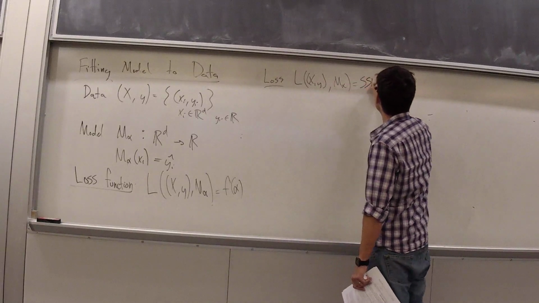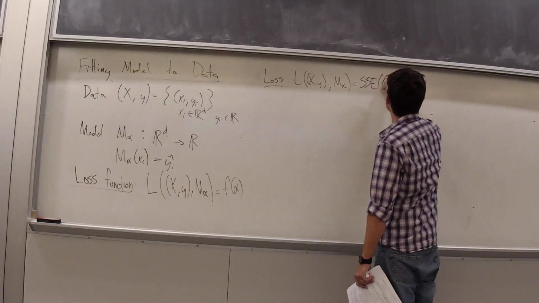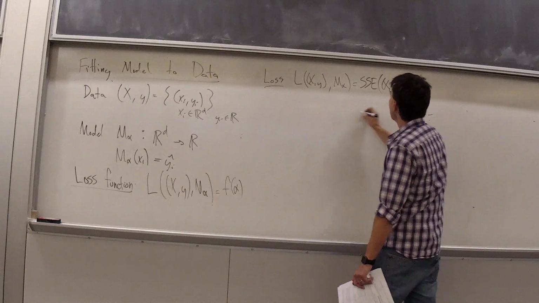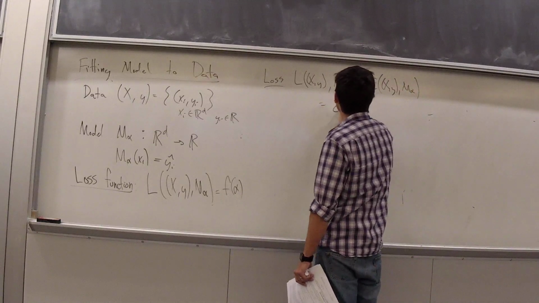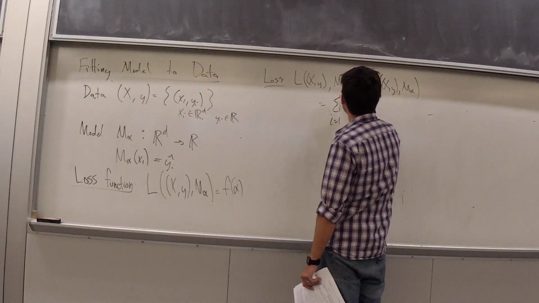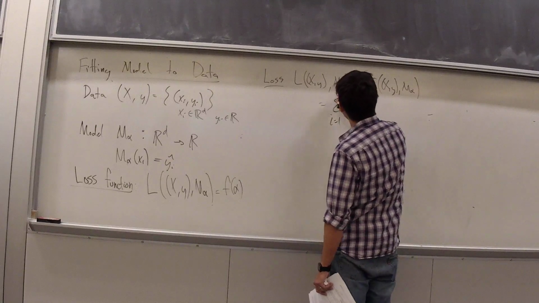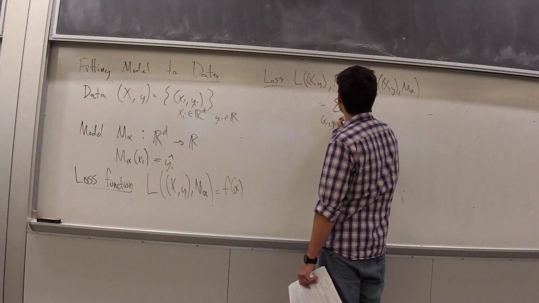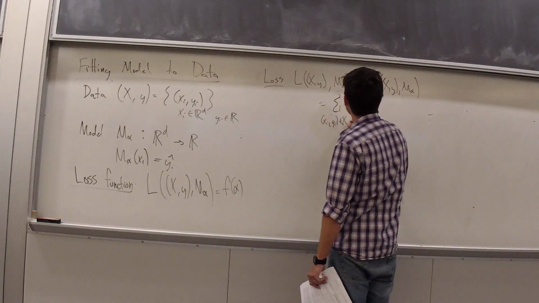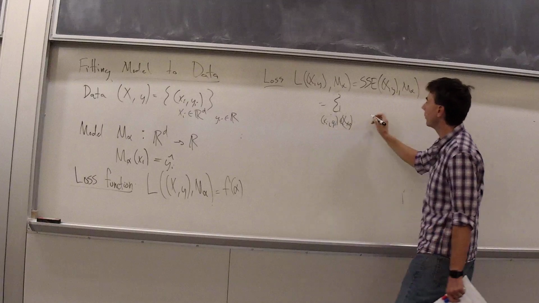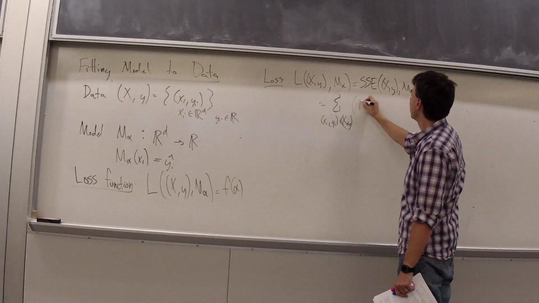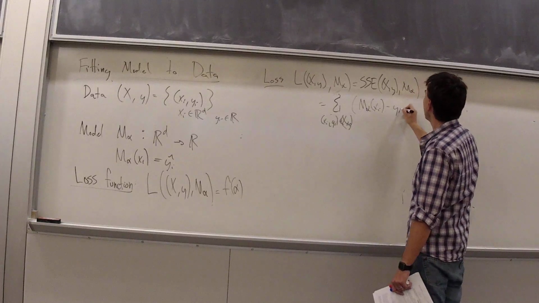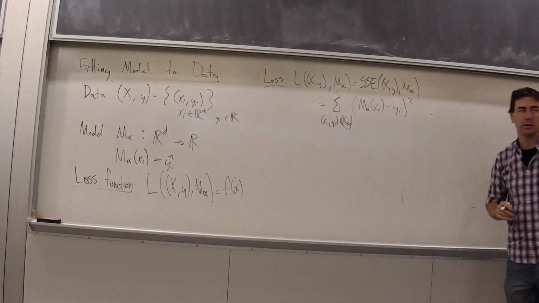will typically be the sum of the squares loss function, which is going to be equal, let's write it this way, to the sum over all the data points of the model applied to xi minus yi, squared.